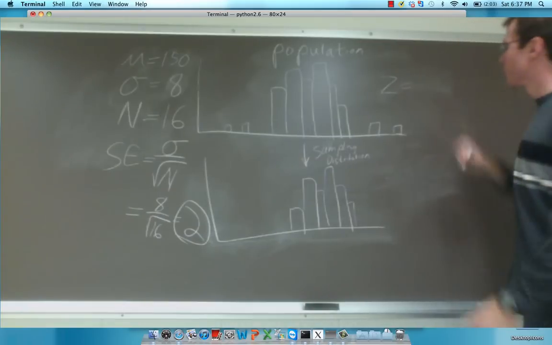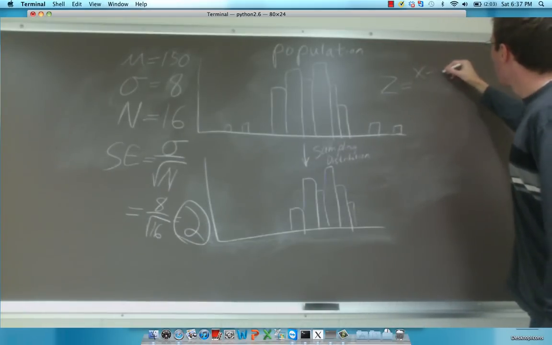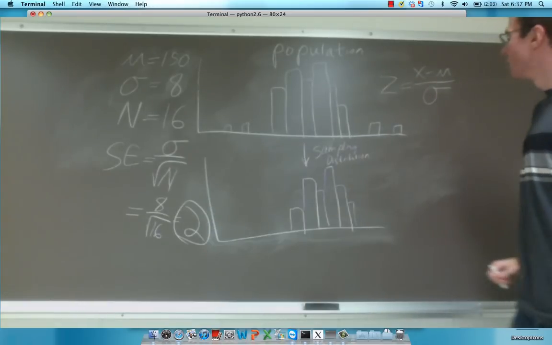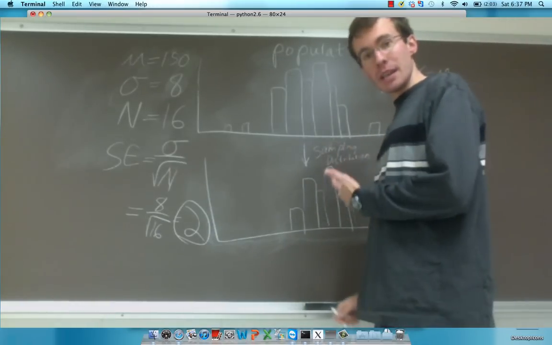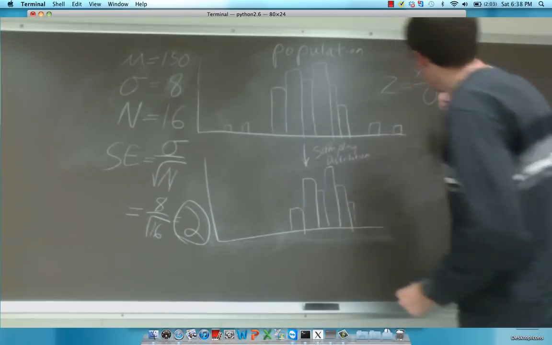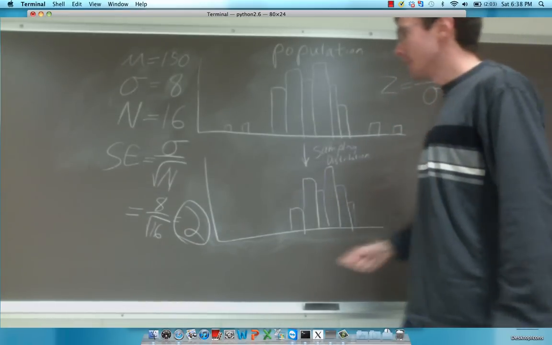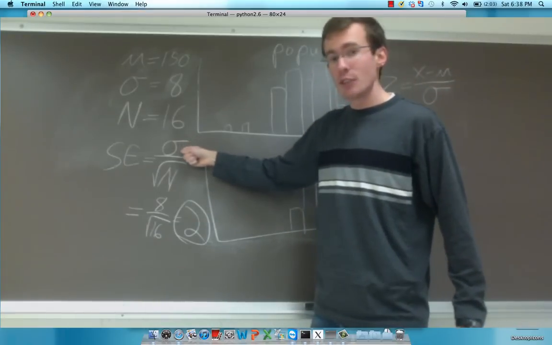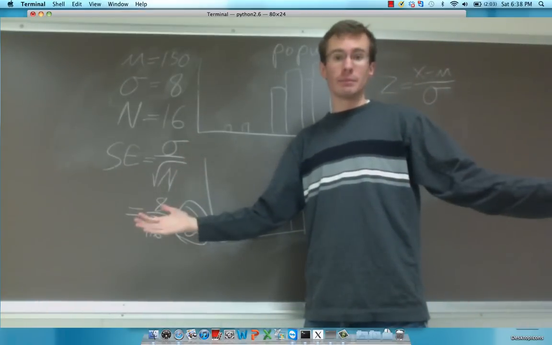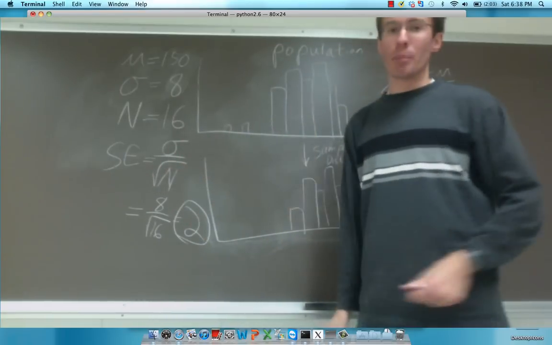So we recall that the formula for a z-score is our score minus the population mean divided by the standard deviation. But if it's only a sample of size 1, this is the same thing as the standard error of the mean, because it's the standard deviation of the population divided by root 1, which is 1. It's going to be the same as the standard deviation of the parent population.